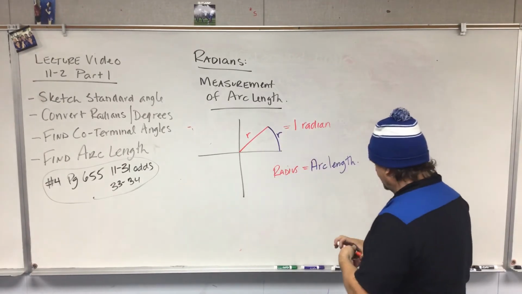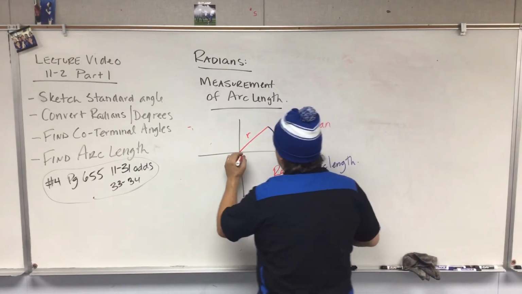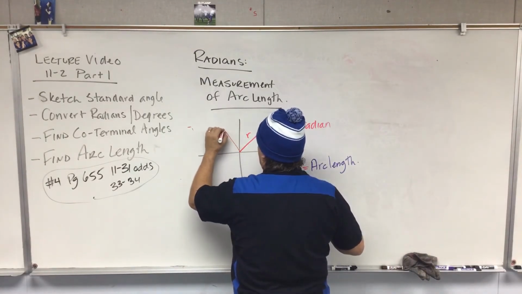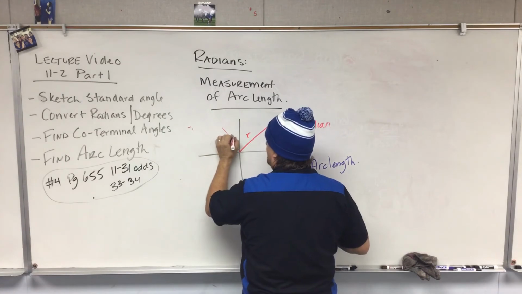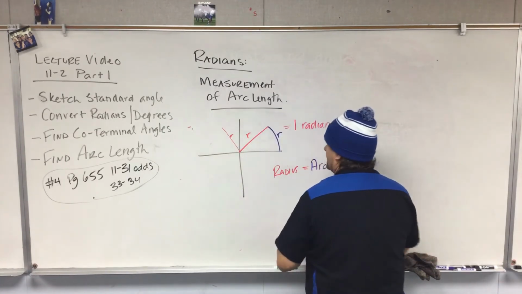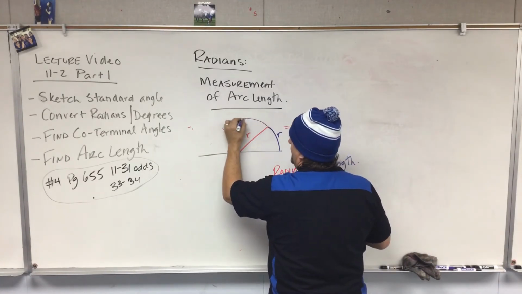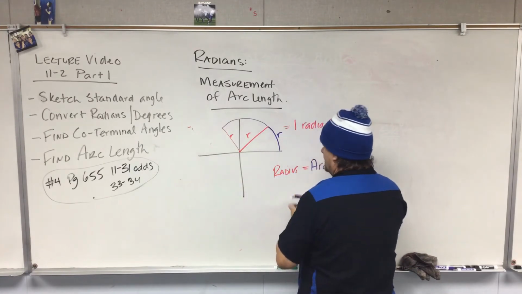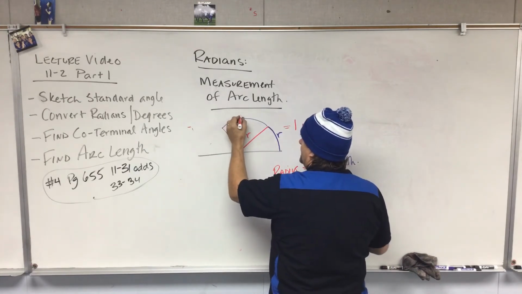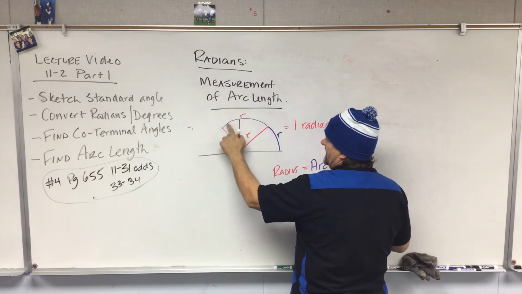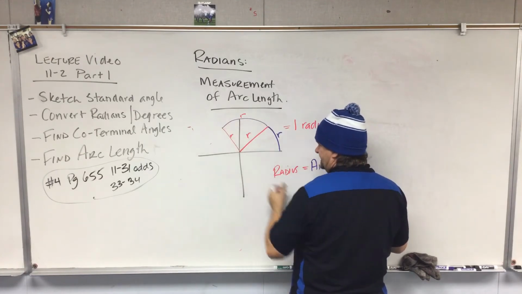Okay? Now the circle is special, because every time we do that, and we come all the way around here, these keep matching up. So the length around this r right here, this arc length, is the same as this one here.